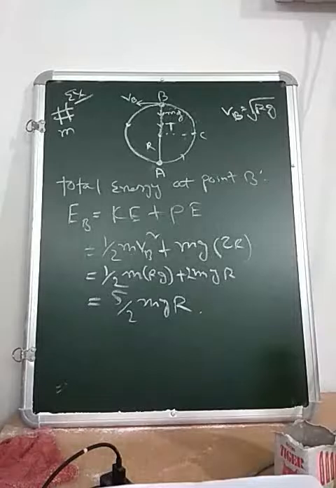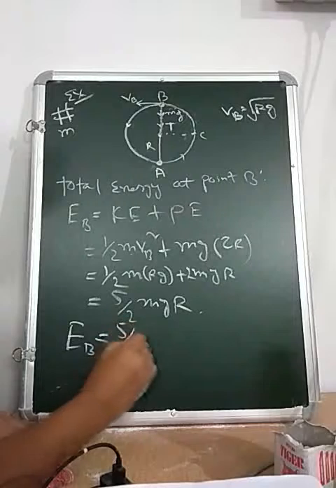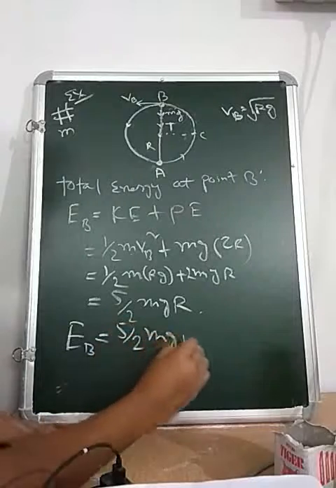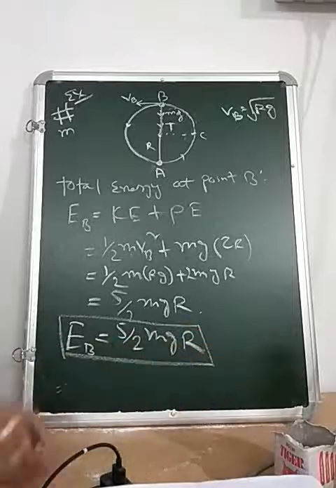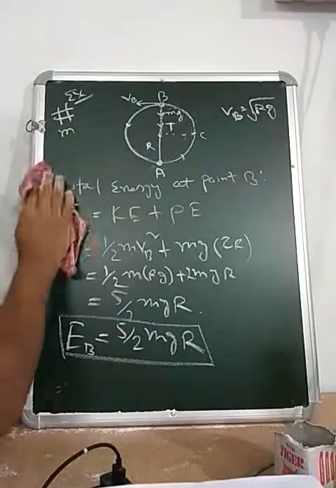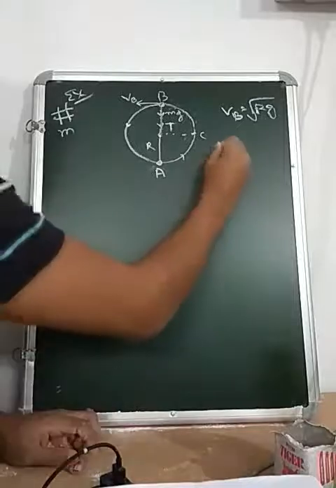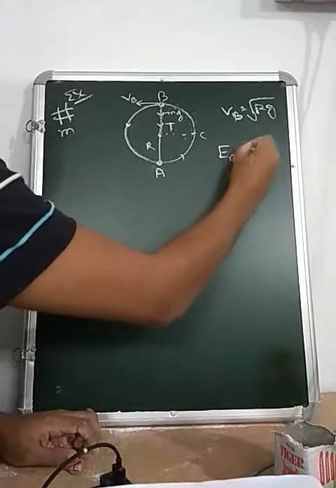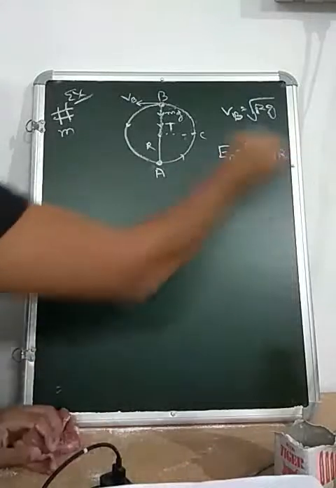So this is the total energy at point B: EB is equal to 5 by 2 mg r.